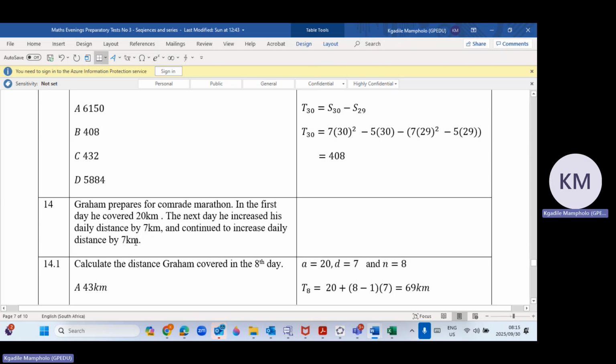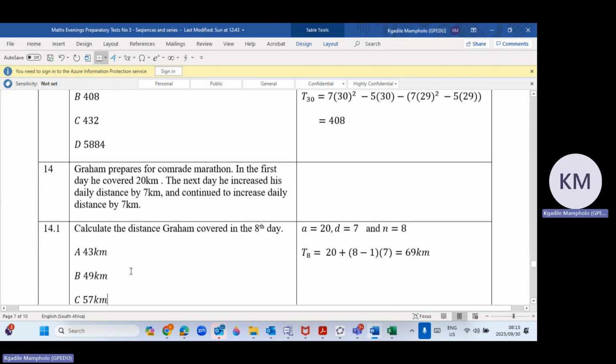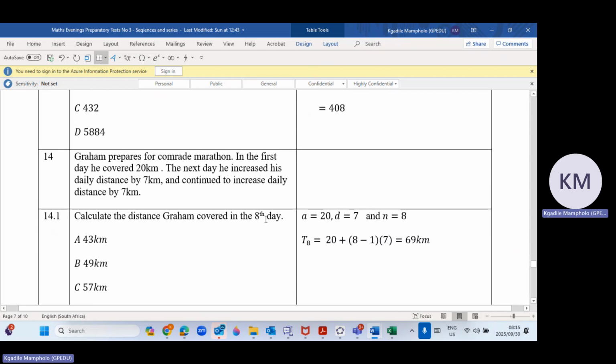And then your N will be 8 here, because you say calculate the distance Graham covered in the 8th day. Because we're talking about the distance on that day, we're not saying the sum of the distance, then you find the nth term of arithmetic.